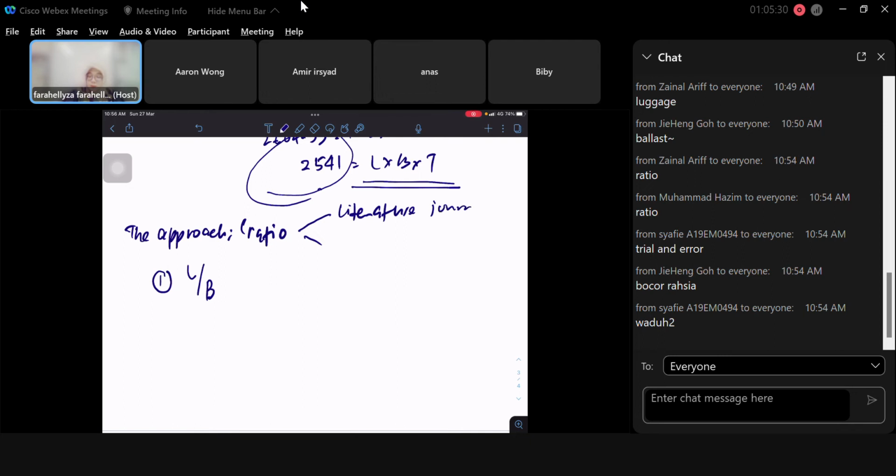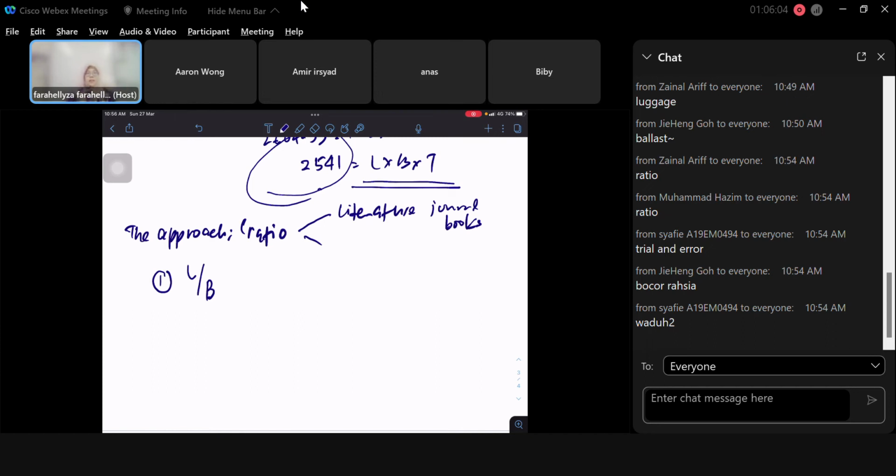There are reliable journal articles that you can refer to. They do a lot of study and then they come up with this empirical diagram which consists of a lot of L upon B ratios that you can refer to for many types of vessel.